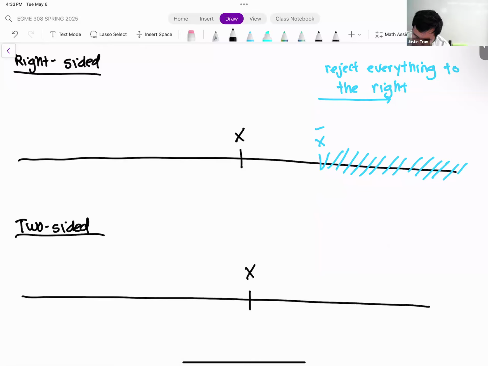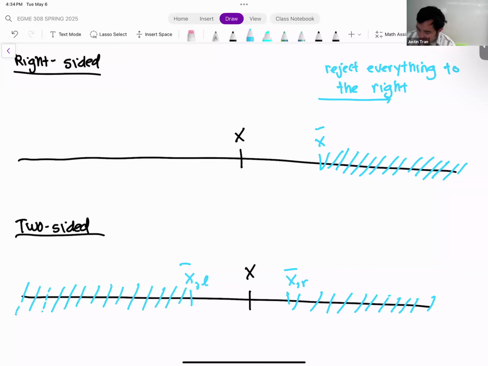We have x bar to the right. We're going to reject everything out here. And then we have x bar to the left, equidistant from the hypothesized value, just like that. Okay. So for a two-sided alternative, we're going to check if it's to the left or to the right.